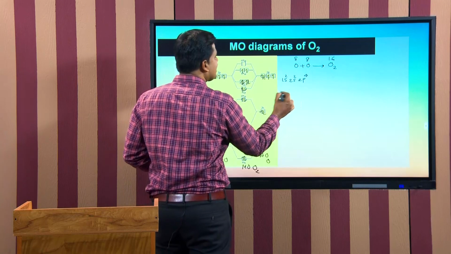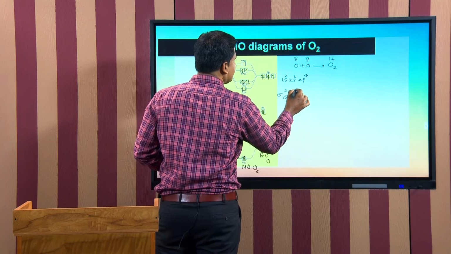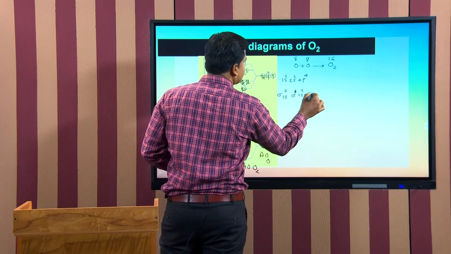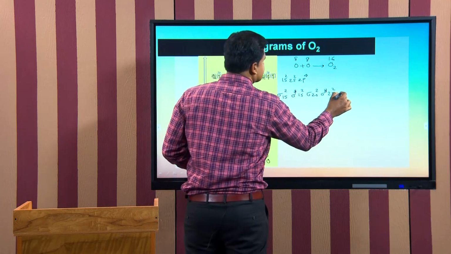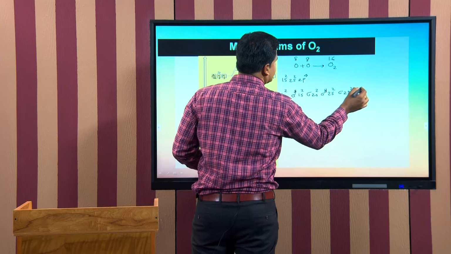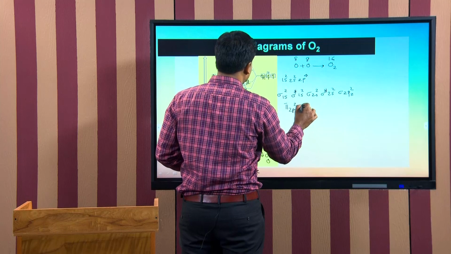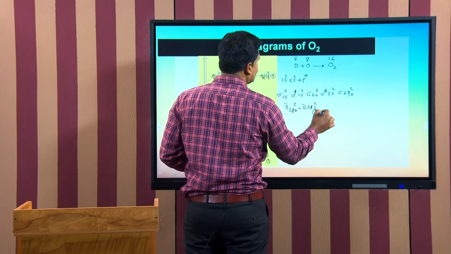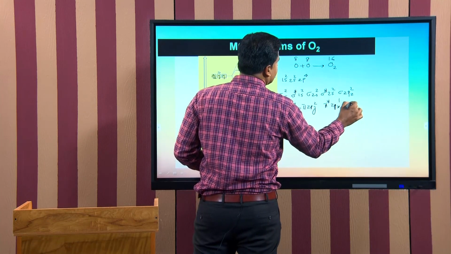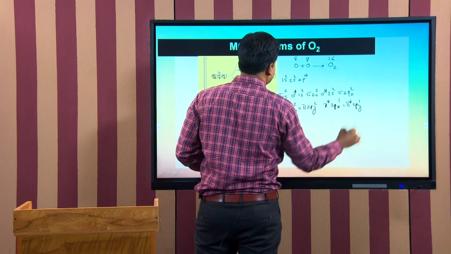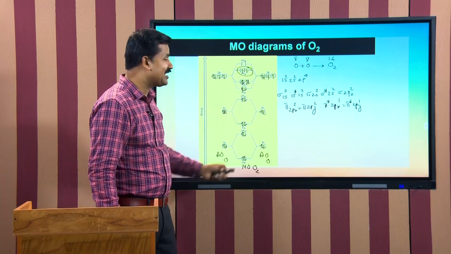Now I can represent the MO configuration of the oxygen molecule as sigma 1s2, sigma star 1s2, sigma 2s2, sigma star 2s2, sigma 2p z2, pi 2p x2 equal to pi 2p y2, pi star 2p x1 equal to pi star 2p y1. Here you can see the presence of two unpaired electrons in the MO diagram.